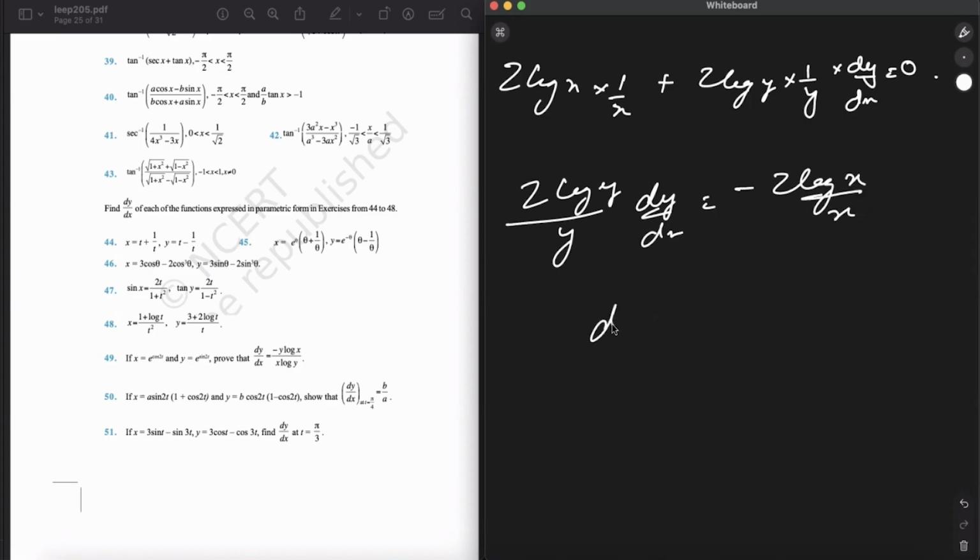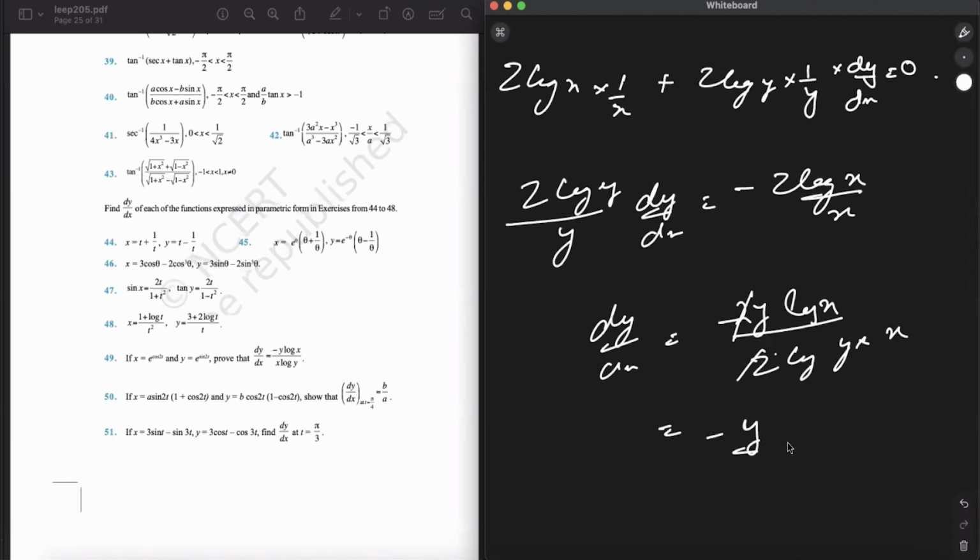Okay. So dy by dx is equal to minus 2y log x divided by 2 log y, and then x. So the 2 cancels with 2 and we'll be left with minus y by x, with log x here and log y here.